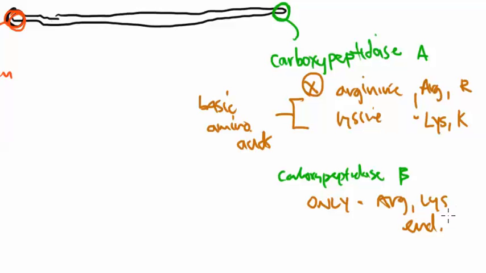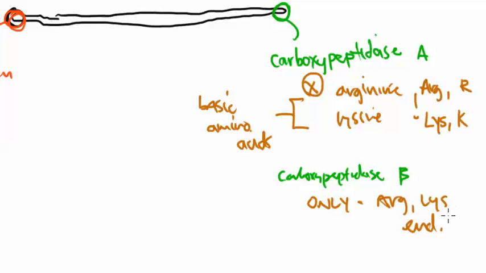However, if we use carboxypeptidase A and we do not get an amino acid at all, that probably means that we have arginine or lysine at the end, and we are not seeing a cleavage at that end amino acid. So what we do then is throw in carboxypeptidase B. If it is arginine or lysine, we should see a cleavage begin to happen, and arginine or lysine will be kicked off, and the instrument will tell us which one it was, and then we can go on about the other protein sequencing after that point.